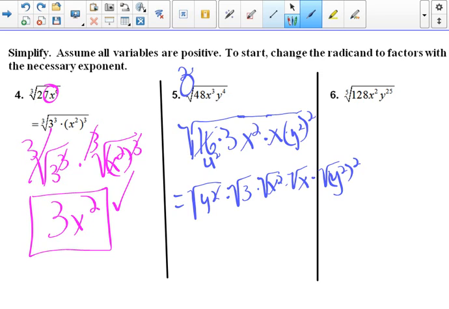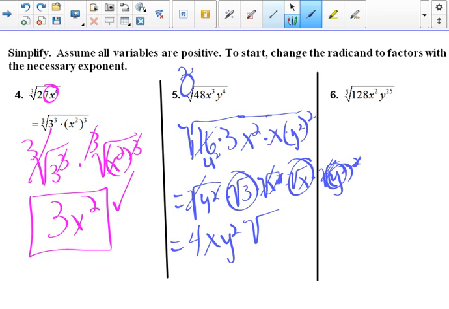Now these cancel, so we have a 4, x, and y squared left over, times the square root of 3 times square root of x, which we'll just combine back. So this is our answer.